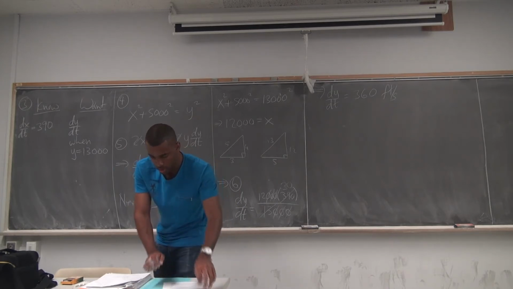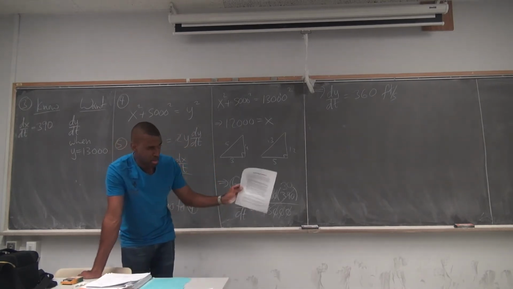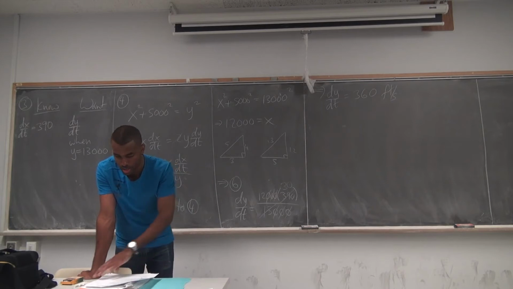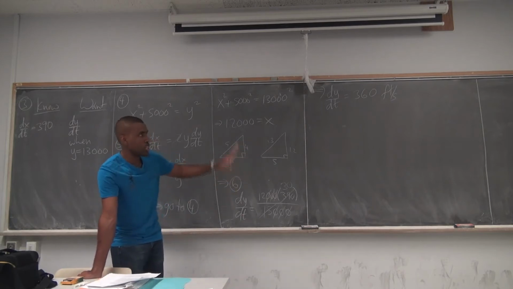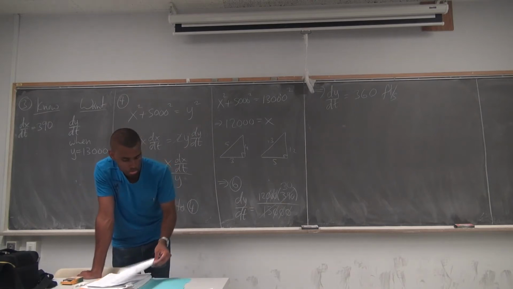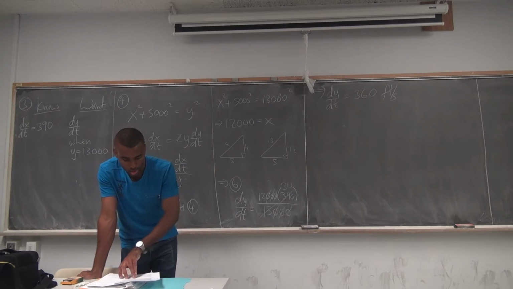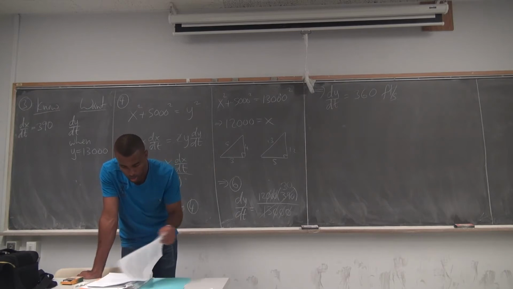So let's move on. That's all I wanted to do for related rates. Really, related rates is just a matter of going through those 6 steps. The diagrams might change, you have to set up the diagram, and the equation might be different, but for the most part, this is the structure in which you're going to do these problems.